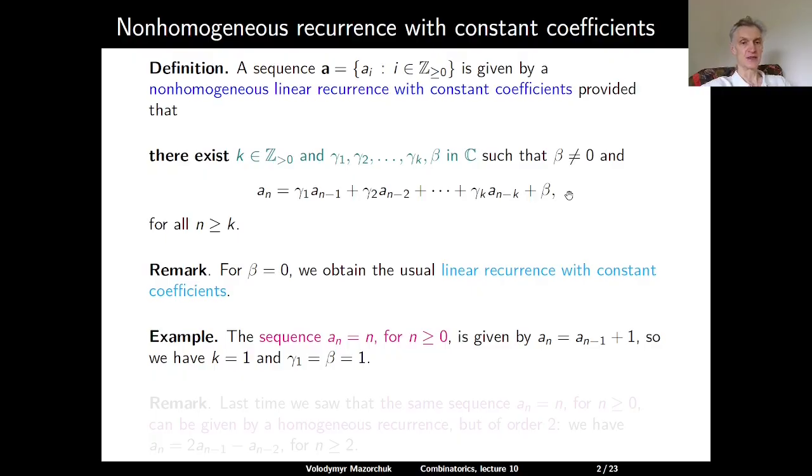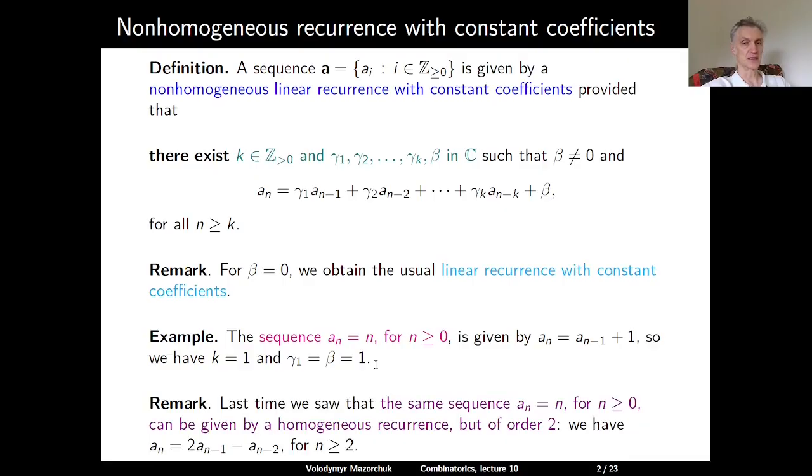For example, the sequence a_n is equal to n for n greater than or equal to 0 is given by the following non-homogeneous linear recurrence: a_n is equal to a_{n-1} plus 1. So we can take k to be equal to 1 and gamma 1 and beta to be equal to 1, both.